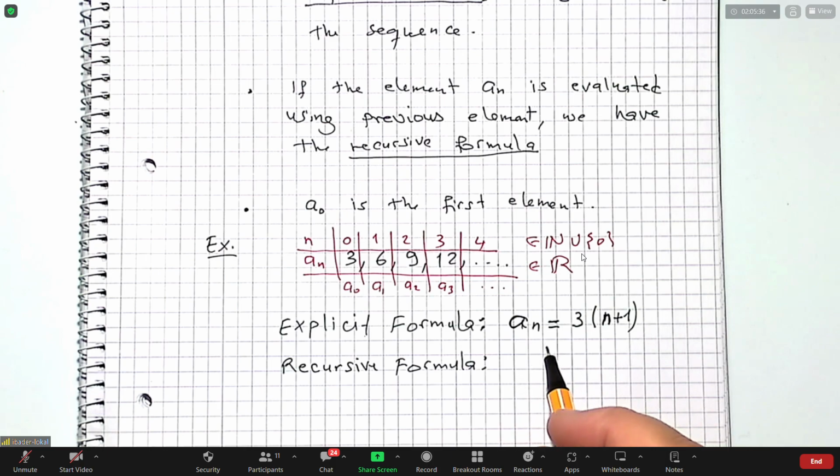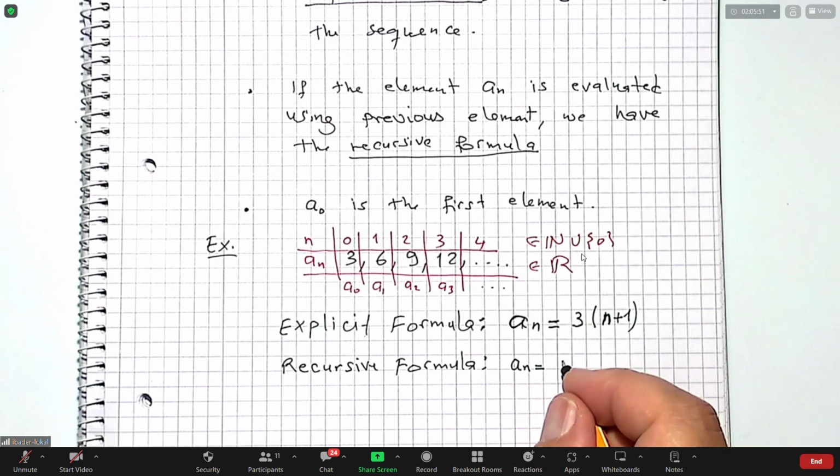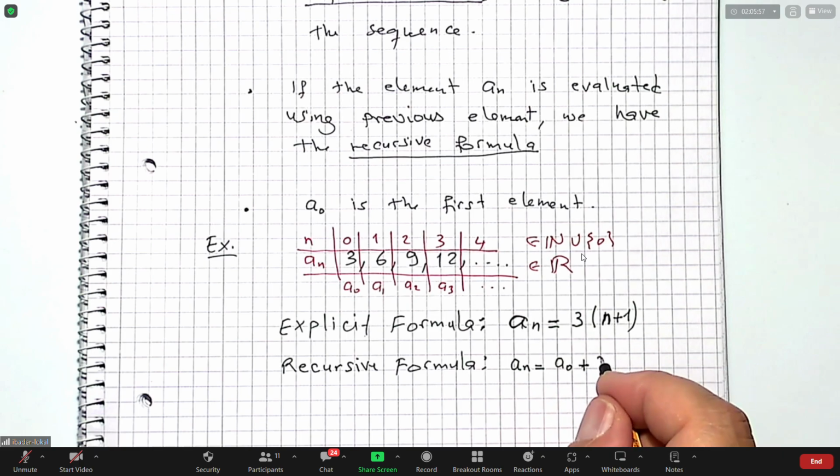But here, notice that the element here is A sub n equals A0, the first element, plus 3 times n.